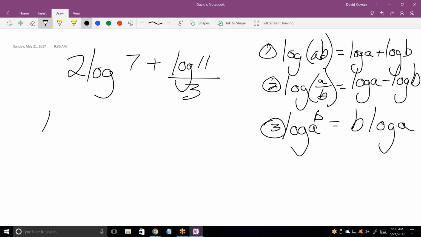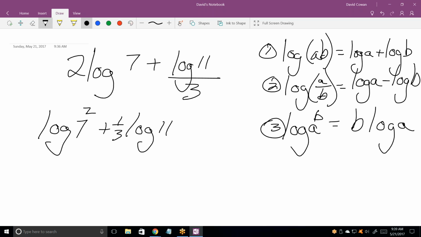So I'm writing this as log of 7 squared plus what? Plus log 11 over 3. No. Log 11 minus log 3. No. This is where that 1/3 belongs. Oh. Okay.